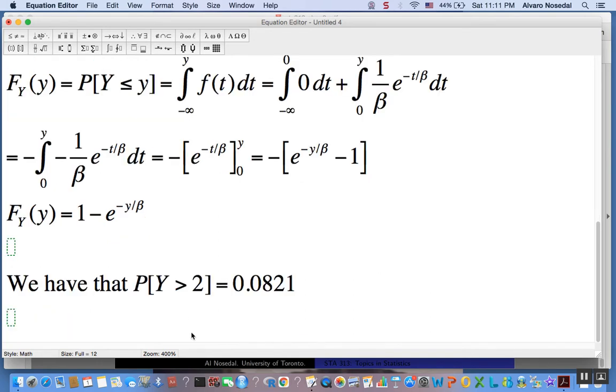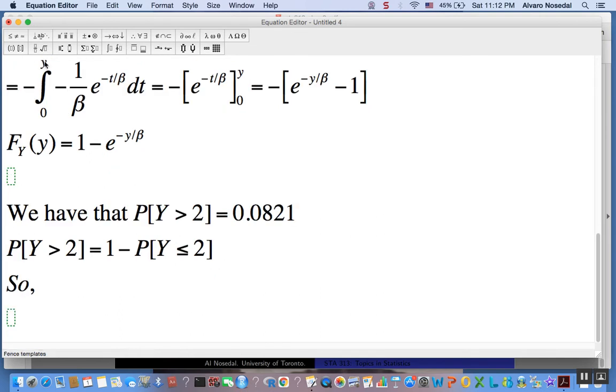But as I said before, note that we could rewrite the left-hand side. This is the same as 1 minus the probability that y is less than or equal to 2. Agreed?